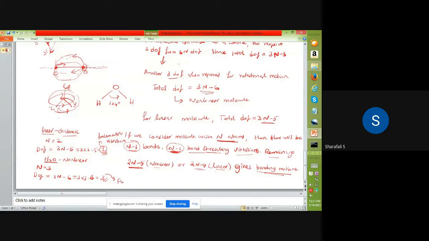which means it has three fundamental modes of vibration. This is also called the normal mode of vibration.